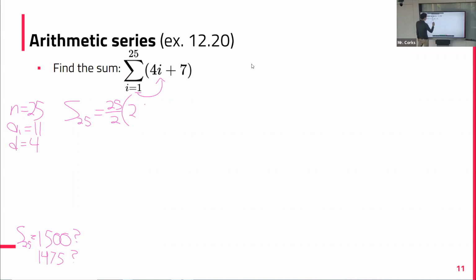So 2 times our a1, which is 11, plus our n minus 1, 25 minus 1, 24 times 4. And we just evaluate that. So 25 over 2, 22 plus 24 times 4, 96.